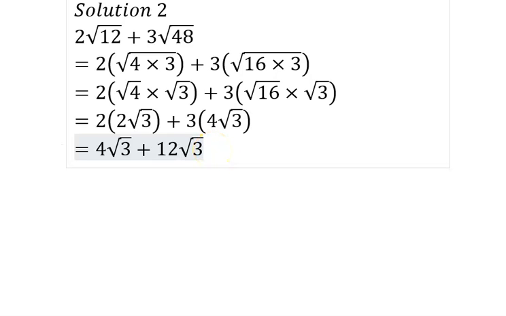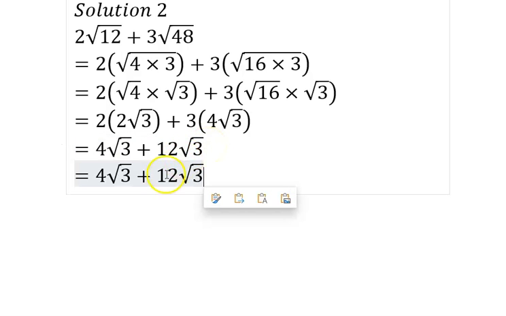Awesome. Now, applying the same rule again, because we have root 3 here and root 3 here, we'll just add what we have behind them. Root 3 and root 3, we'll just say 4 plus 12.